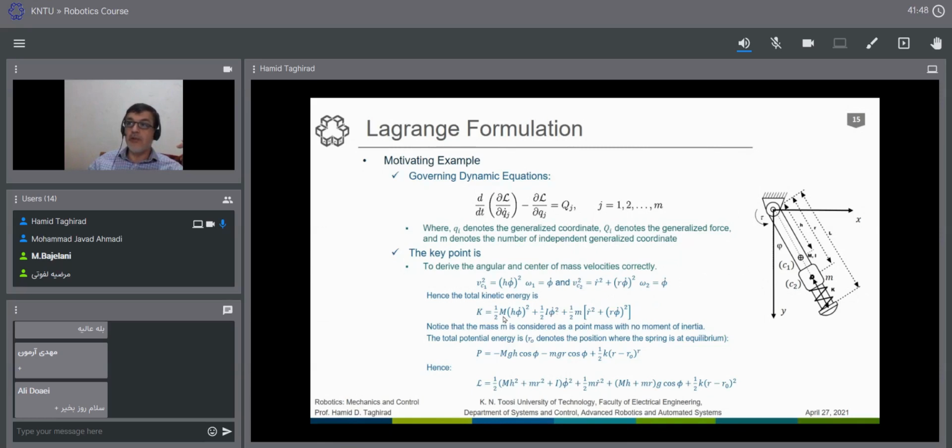So very simple: 1/2 m vc squared plus 1/2 I with respect to c omega squared, and this is just found by that. But what about the second mass?